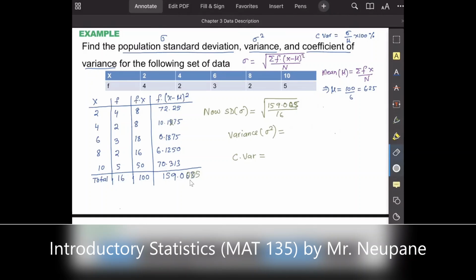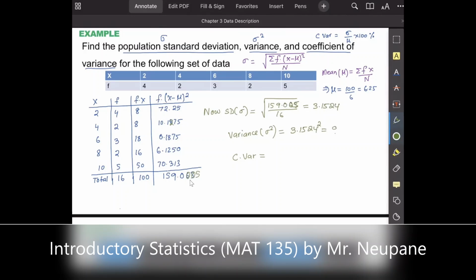Let's do that again. Thank you. So when you find the square root, let's do that again. The square root of 159.005 divided by 16. I'm pretty sure you got 3.1524, right? And the variance is 3.1524 squared.